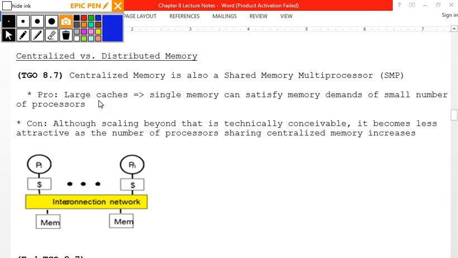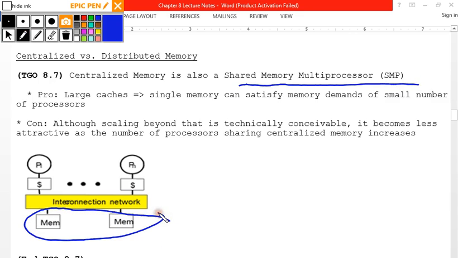So centralized memory. All the memory is in a shared memory multiprocessor, which is down here, right? And everything is done over a large interconnection network bus. And so you have to communicate everything back and forth between your shared memory, which talks to multiple processors.